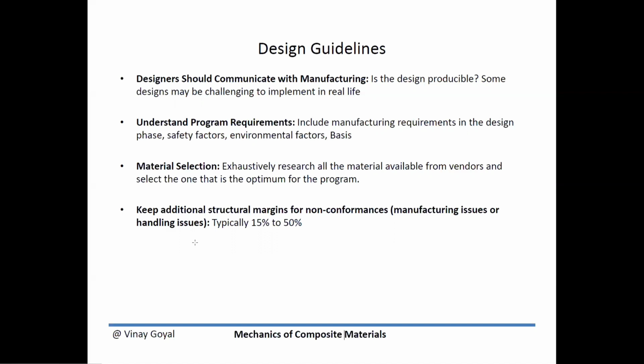Please understand the program requirements. We want to make sure that you understand what temperatures, what moisture levels, what factors of safety, what bases allowable you should be using. We discussed A-basis and B-basis allowables, but every program is going to have very unique considerations. So you want to make sure that you understand those parameters before you put your design forth.